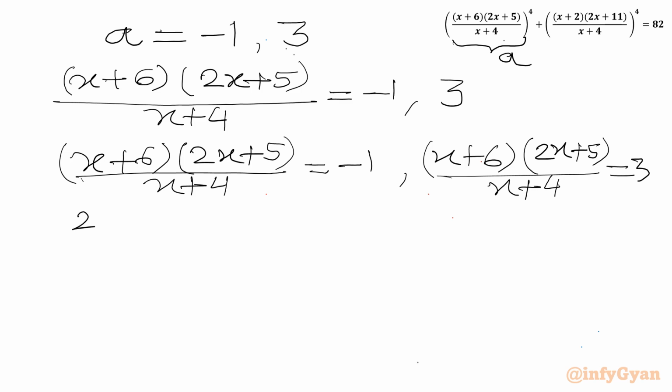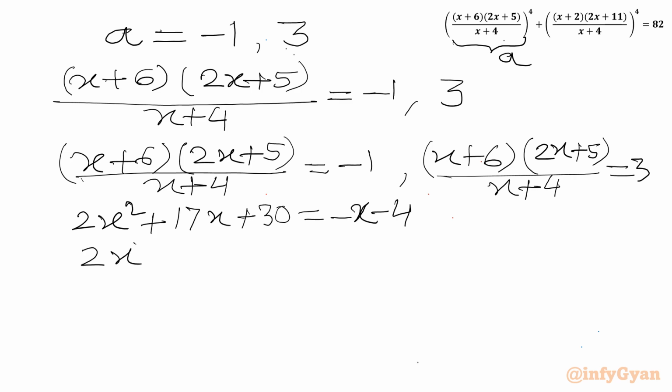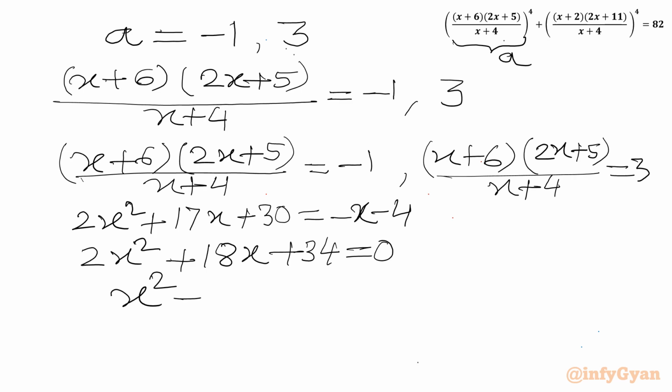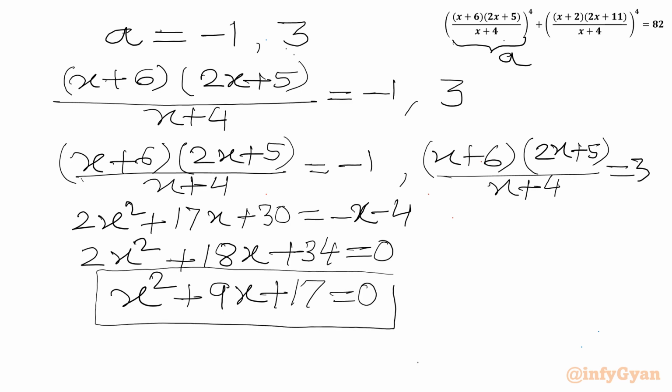So I can write here 2x square, 5x plus 12x, 17x plus 30 equal to -x, -4, or 2x square plus 18x plus 34 equal to 0, or x square plus 9x plus 17 equal to 0. So from here we will get our answer. Now come to second equation, this one.